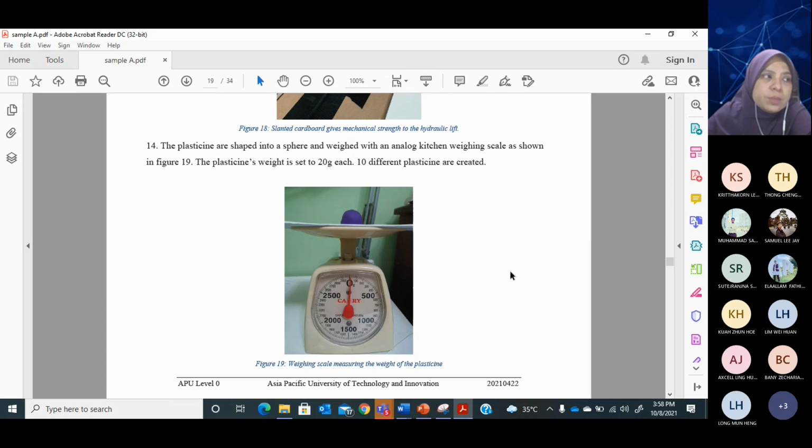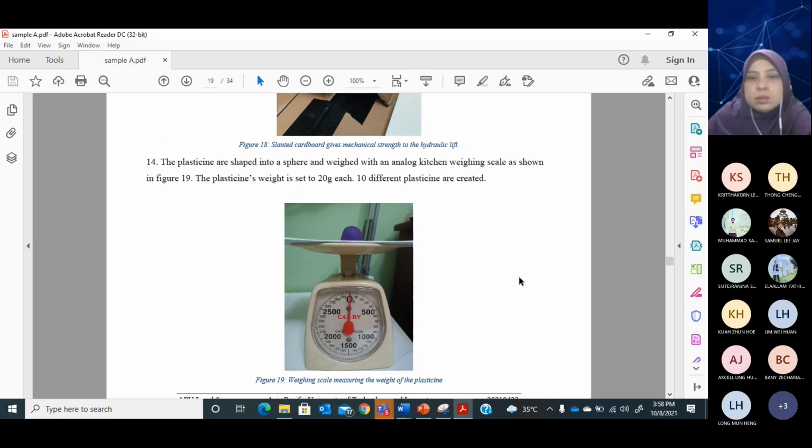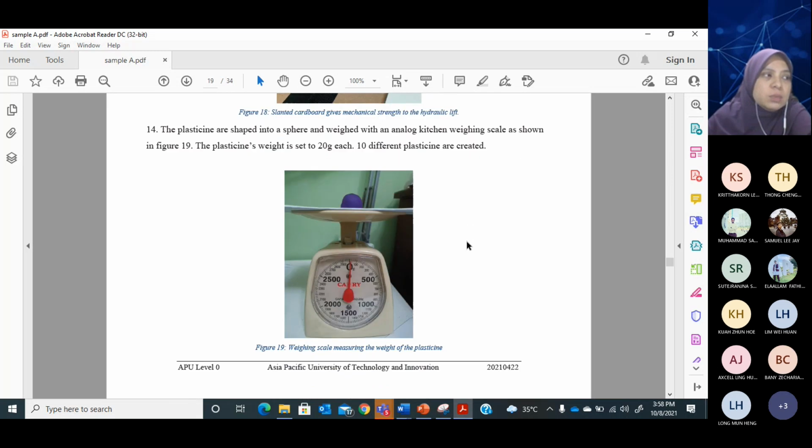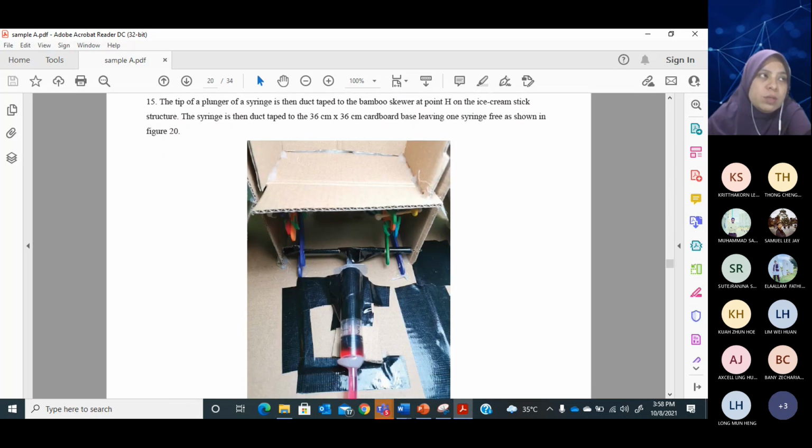Plasticine are shaped. This one become bigger, become many pages because all listed in the procedure is very detailed. Picture also very clear and sharp.